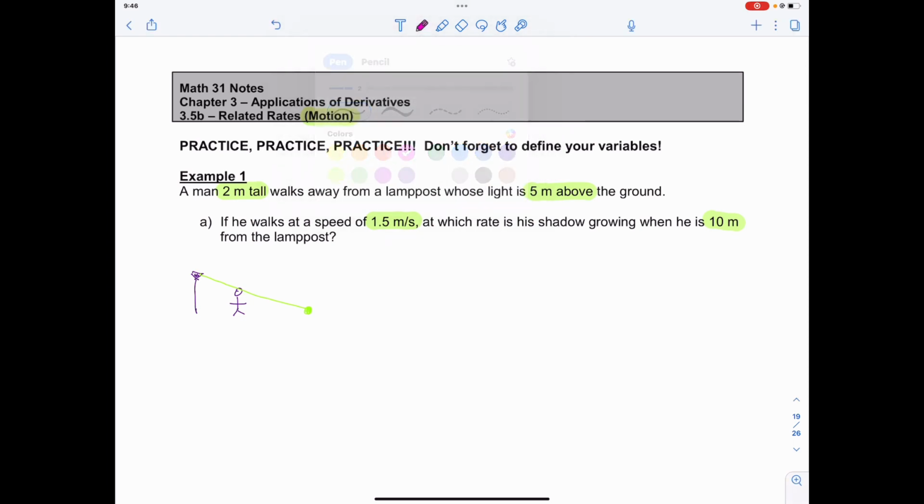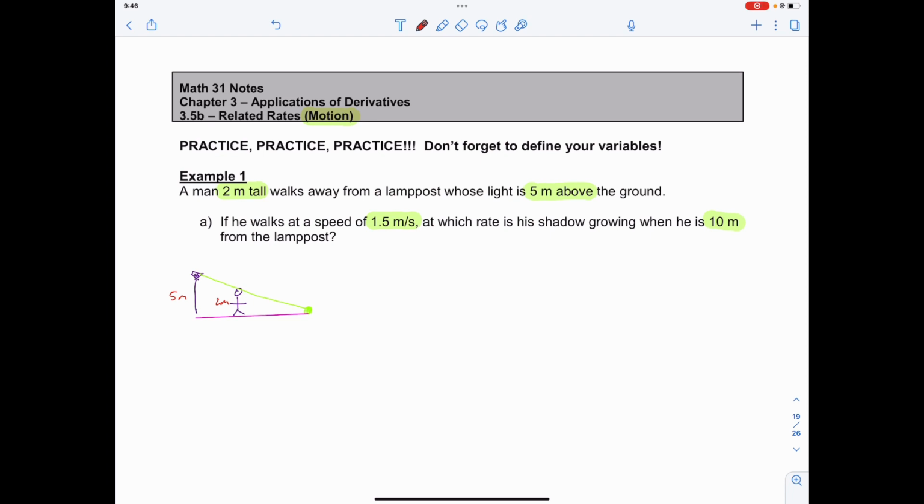We also have that horizontal plane between the base of the lamppost, where the man is walking, and where the shadow ends. And we know, given what it said, that this lamppost is 5 meters tall. We know the man is 2 meters tall.